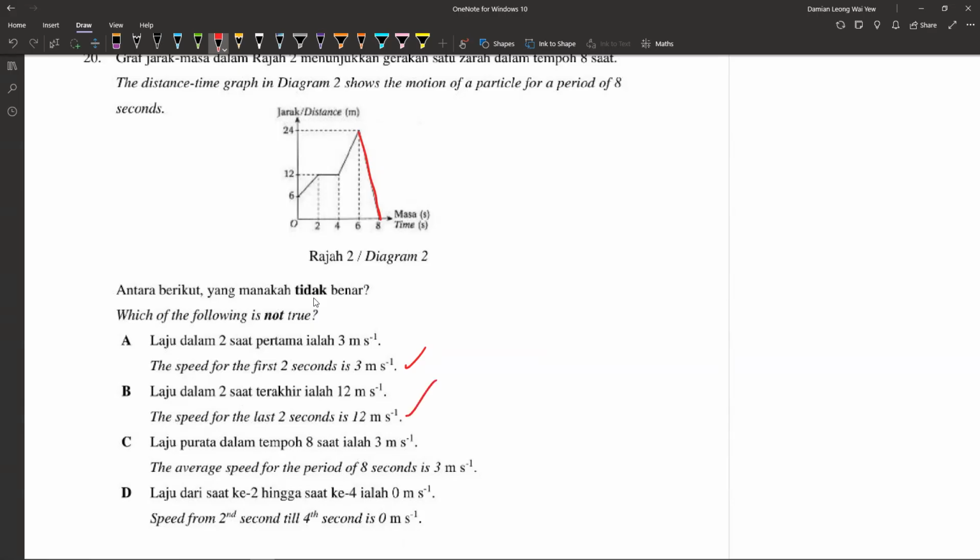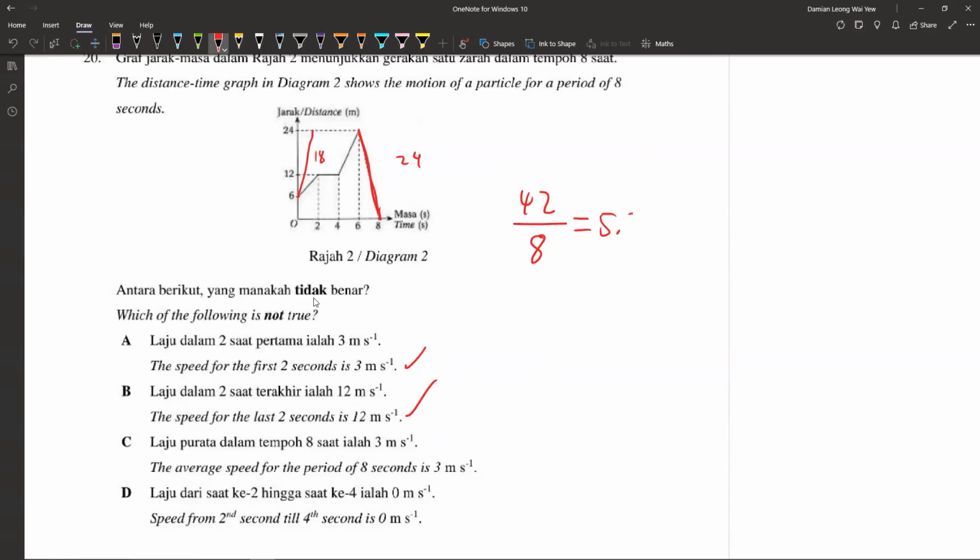Average speed for the whole 8 seconds is 3 meters per second. So average speed, total distance, 6 to 24 here is 18, plus all the way down here, 24. So total is 42 meters. That's total distance. Divide by total time, 8 seconds.